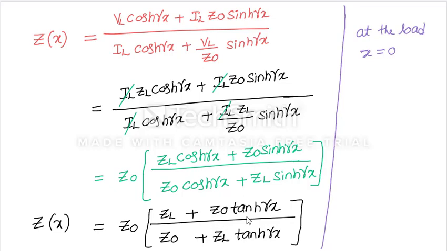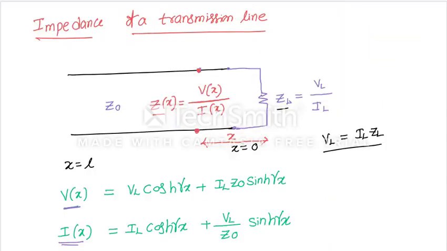Now see this thing, tanh(0) means 0 now. So then what I will get, Z of x now here, is equal to simply ZL, that is the impedance of the load we have considered, isn't it, Akshay? Right.